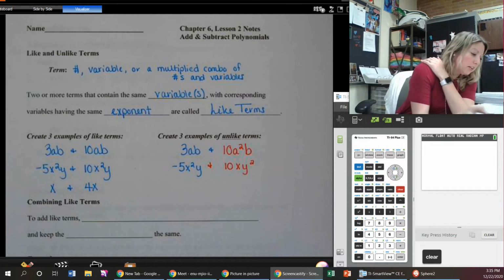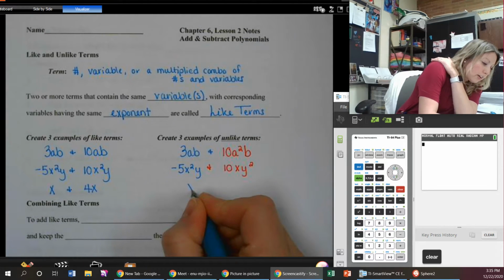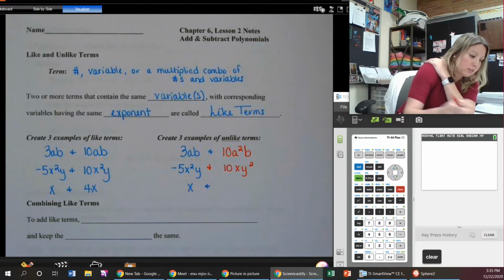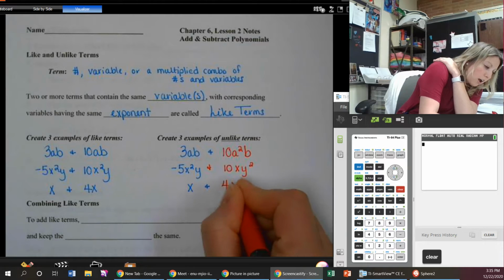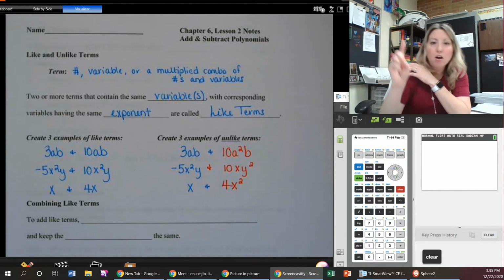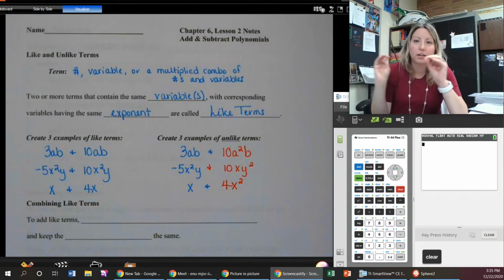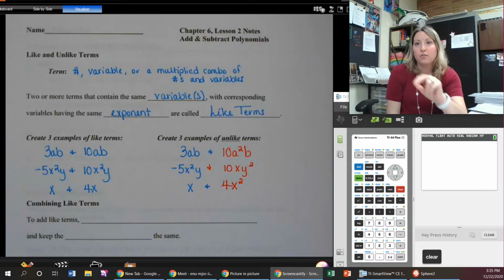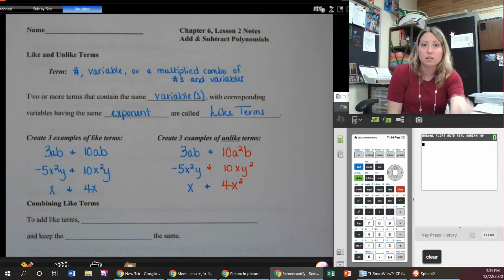All right. Lastly, if you have x and 4x squared, unlike terms, cannot add together. They have to be that x raised to the same power.